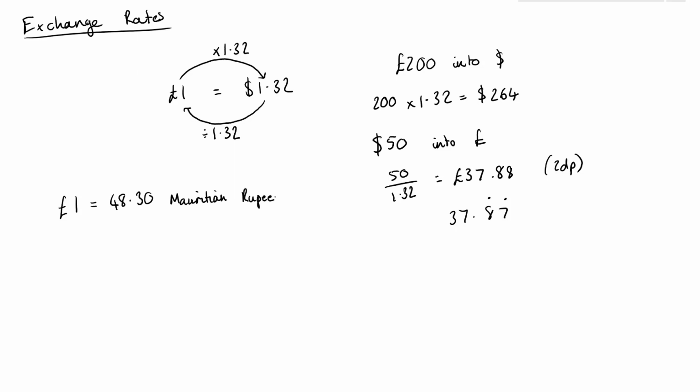If we wanted to convert from pounds to rupees, we'd be multiplying by 48.3, and if we wanted to go backwards, we'd be dividing by 48.3. And the same will occur for all of these exchange rates. As long as you can draw out this kind of cycle between the two currencies, then you will always be able to convert from one to the other.